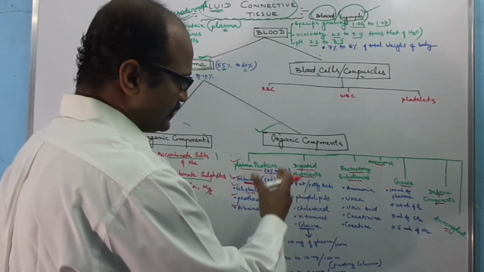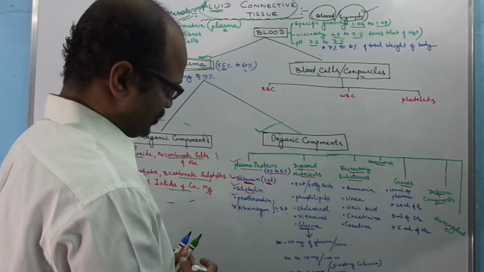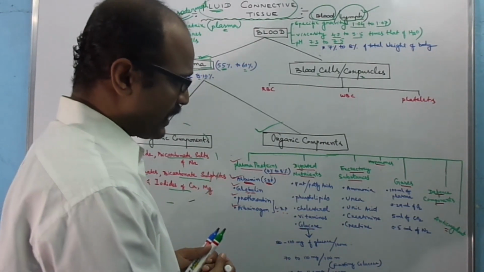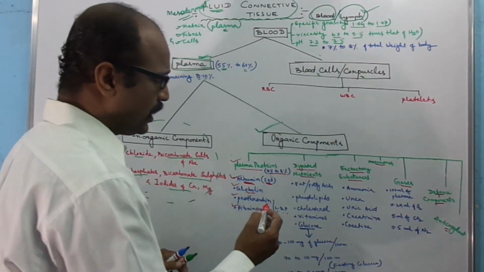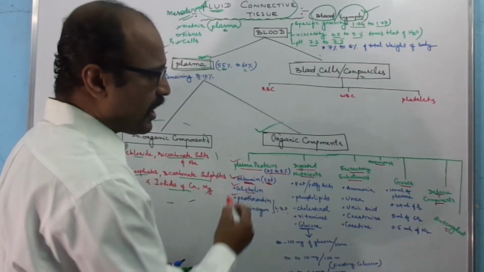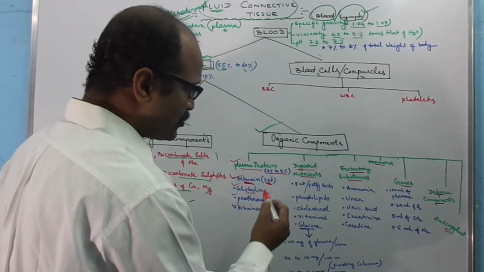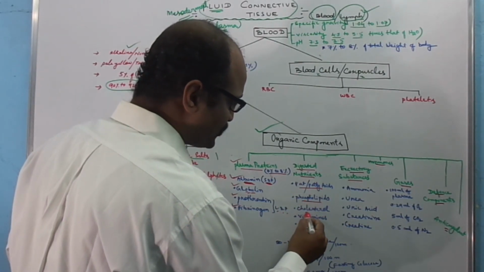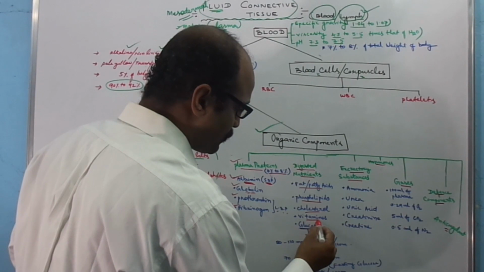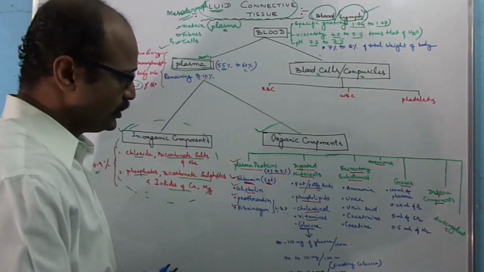As we know, the digested food is mixed in our blood by the absorption process from the alimentary canal. So blood plasma contains some digested nutrients like fatty acids, fats, phospholipids, cholesterol, different types of vitamins, and glucose.